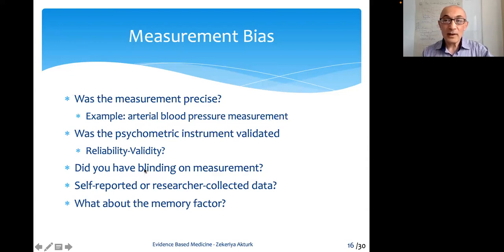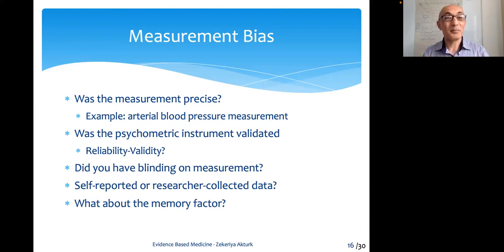As it is important in the early phase, in the selection phase, in the allocation phase, it is also important at the measurement level to have blinding. If I'm the one who assesses the participants, who makes the measurements, and I know that this patient is the control, the other one is the study patient, I might be confused, I might be biased, and I might make false measurements.